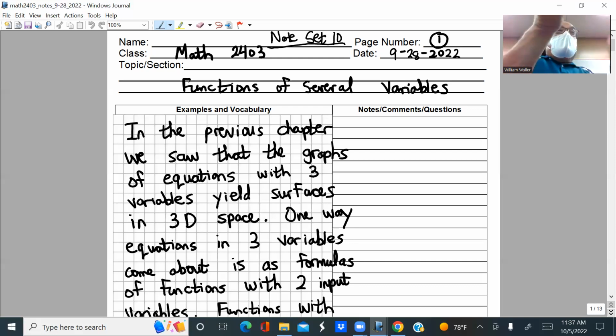That's the practical purpose of functions, right? You take a quantity that you can measure easily, apply the rule, and discover the value of a quantity that's not so easy to measure. In function terminology, the quantity that you know, or the quantity that's easy to measure, is usually called the input quantity.